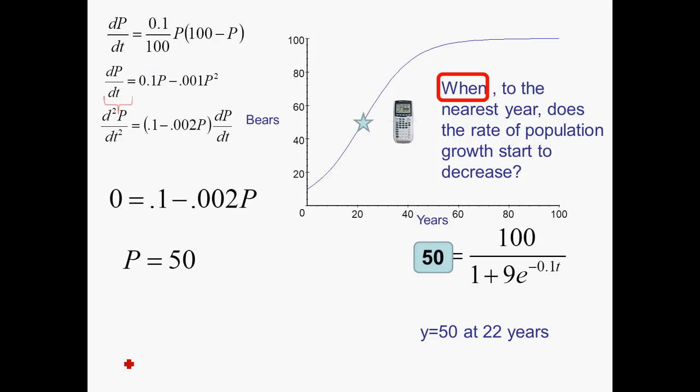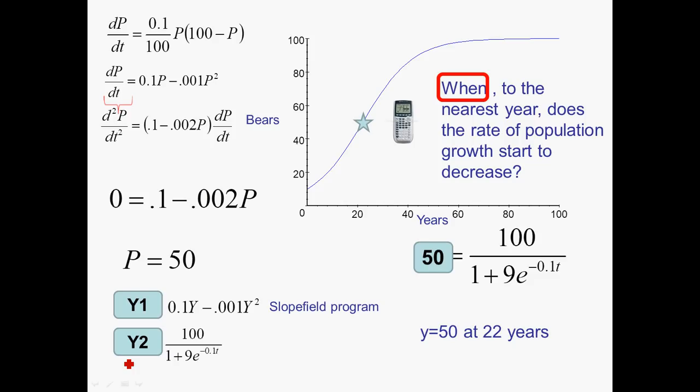If your mind isn't jello by now, use your slope field program by typing the derivative into y1 and the actual population equation into y2.